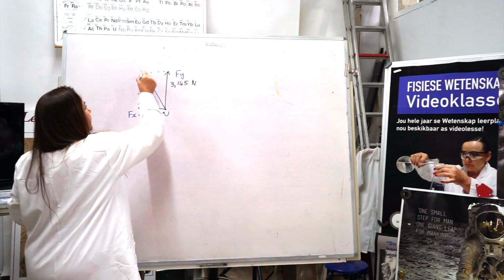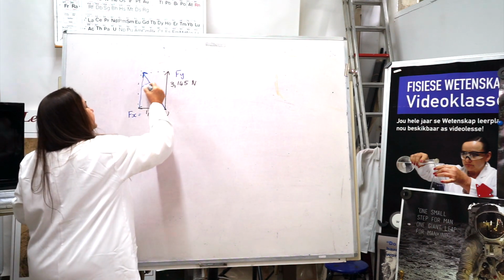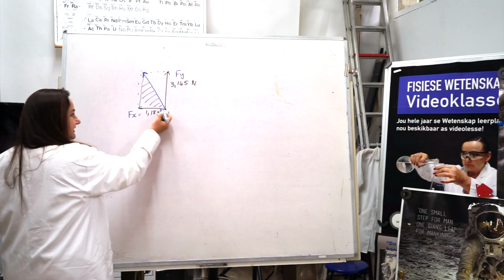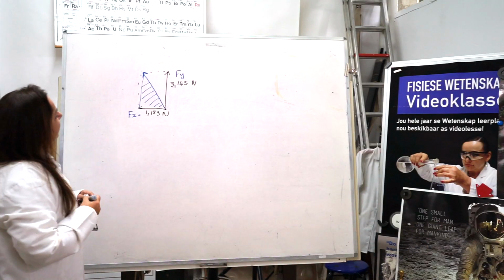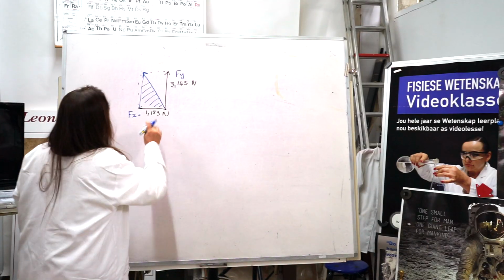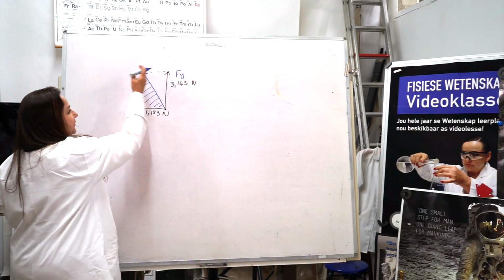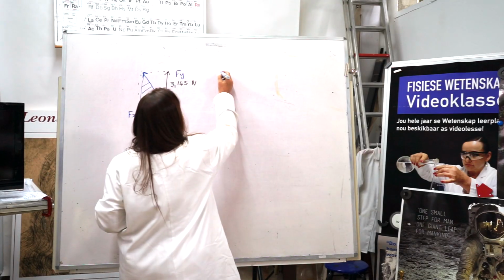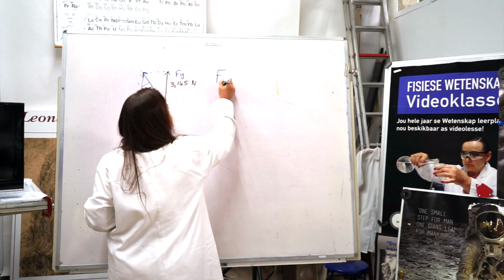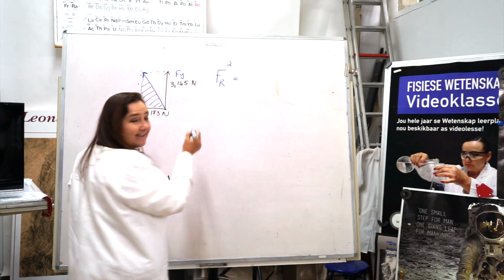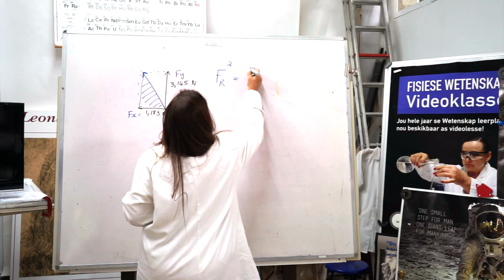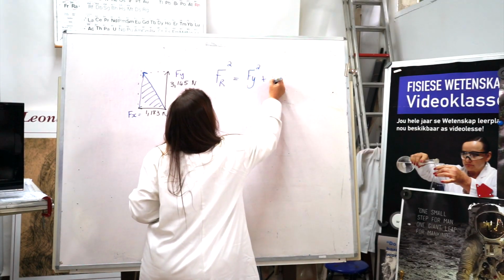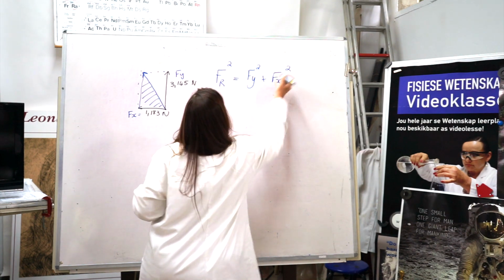Right? I'm going to again work with this triangle, that is with the x plane. I see now that I've got this one and I've got that one. So I've got the x and a y, and I'm going to use my Pythagoras again. So for my F resultant squared, it's going to be Fy squared plus Fx squared.